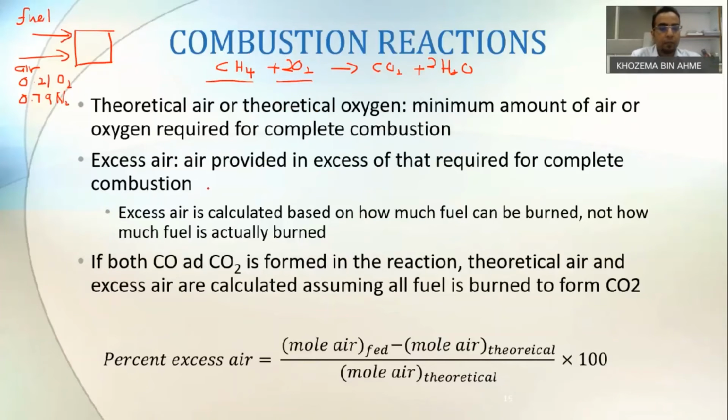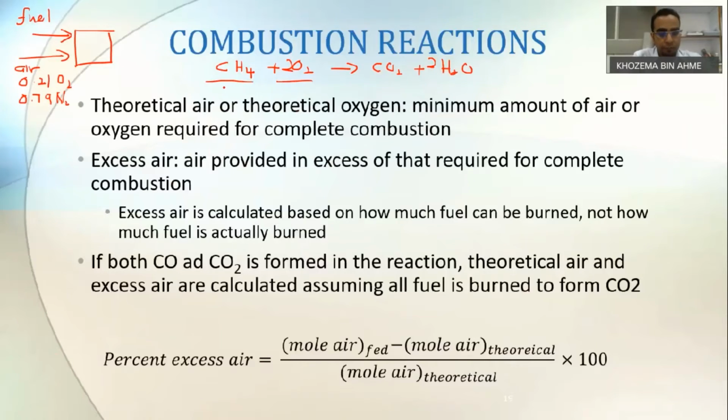Because we know that oxygen is only 0.21 of air, and when we are doing combustion we are putting in fuel with air because air is a cheap source of oxygen, in order to know how much oxygen is needed, we need to know how much air is needed.